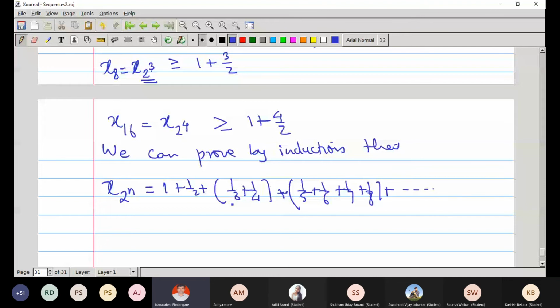So the first bracket is of 2 terms, the second bracket is of 4 terms, the next bracket is of 8 terms. 1 by 9 to what? 1 by 16. Continue this bracketing, and what will be the last bracket?